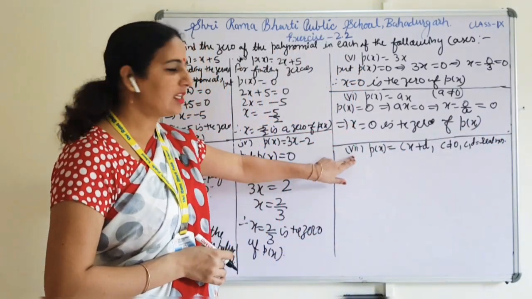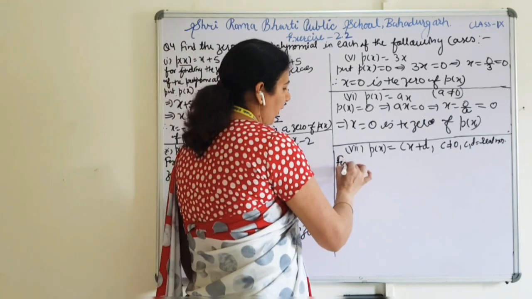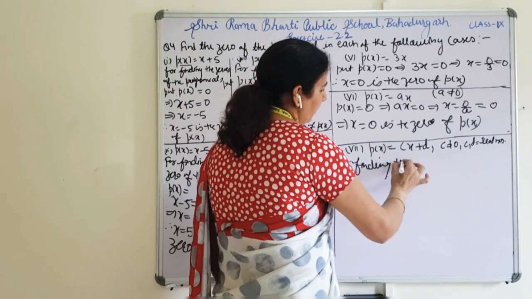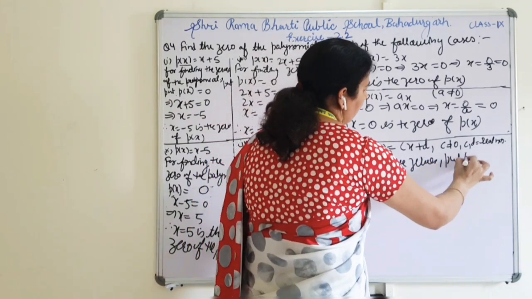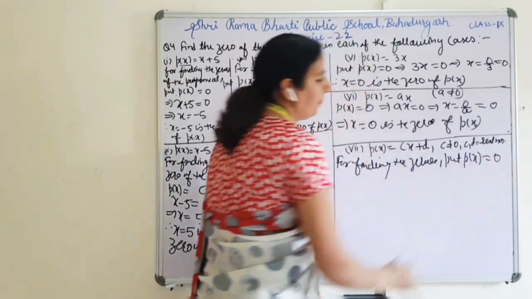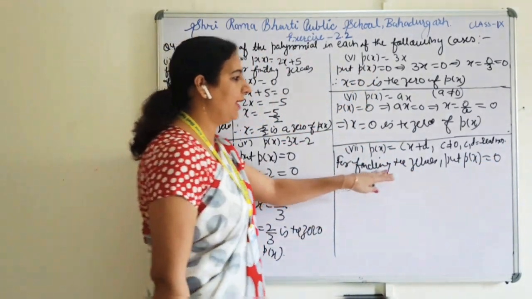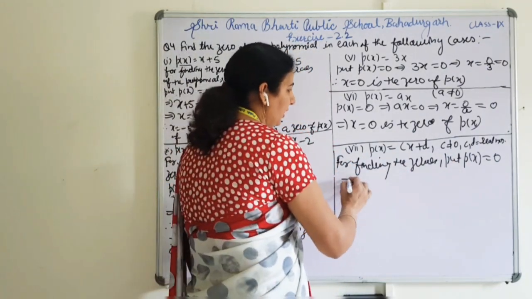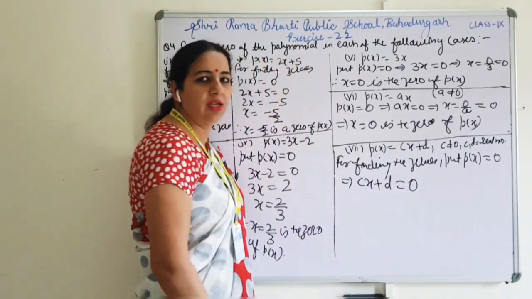The next and the last part of the same question is Px is equal to Cx plus D. So, for finding the zeros, put Px is equal to 0. This implies Cx plus D is equal to 0.